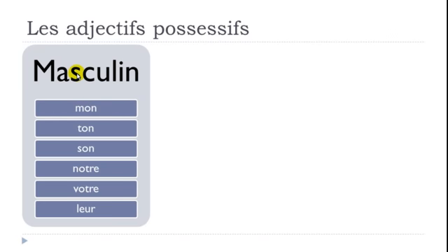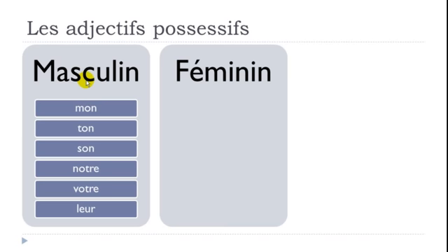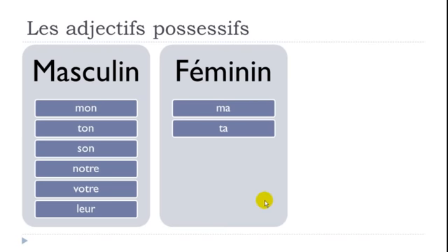Okay, so we saw first the masculine form. Let's check the feminine form, and it's ma, ta, sa. Okay, so you can see of course differences, but still, it works like m, t, and then s. So mon, masculine, ma, feminine form, ton, masculine form, ta, feminine form, son, masculine form, sa, feminine form.